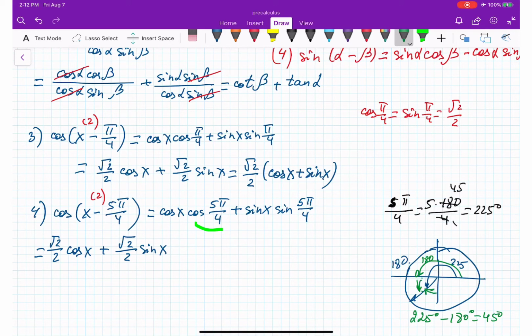But because it's in the third quadrant, cosine is negative and sine is negative. Therefore, we are going to have both of them negative.